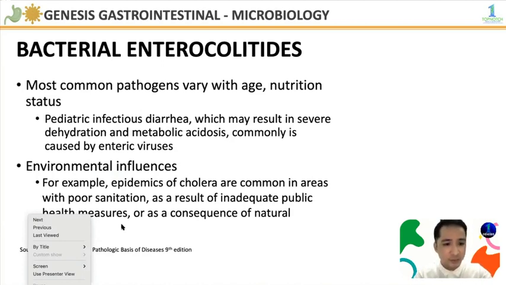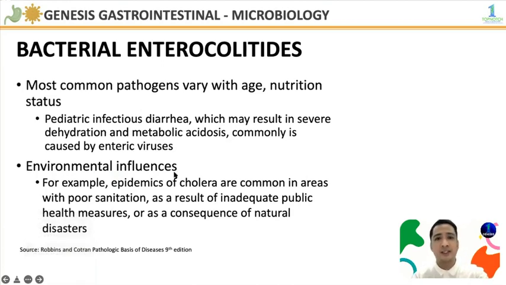Environmental influences will include epidemics, for example cholera, poor sanitation, inadequate public health measures, or as a consequence of natural disasters. So that's for bacterial enterocolitis.